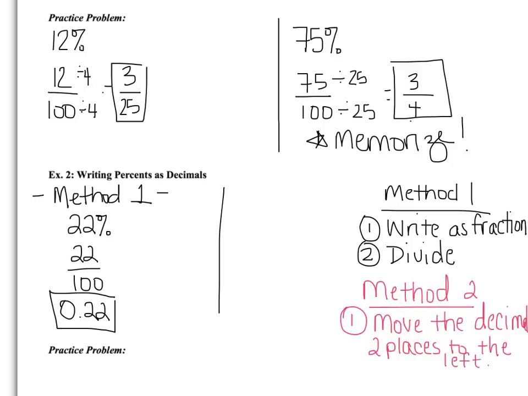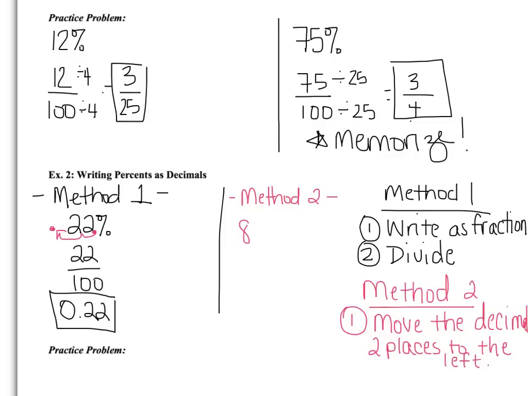So if we go back to 22%, 22% is a whole number. That means the decimal's at the end. So if we move it two places to the left, that makes it 0.22 or 22 hundredths.